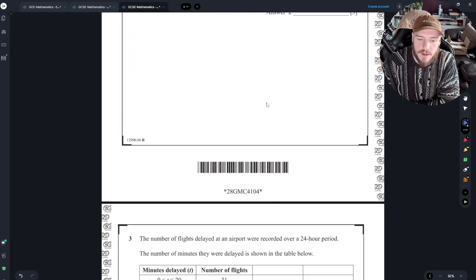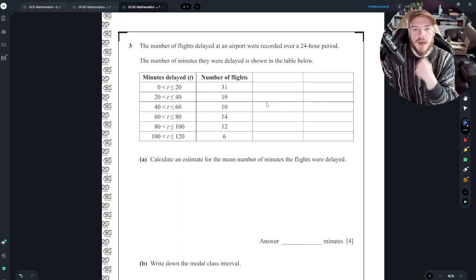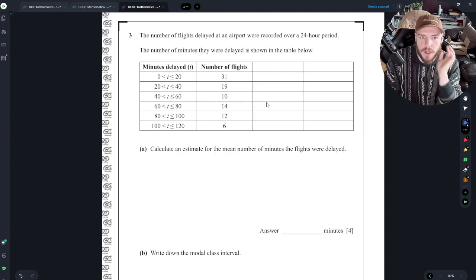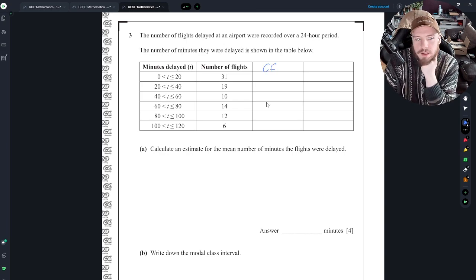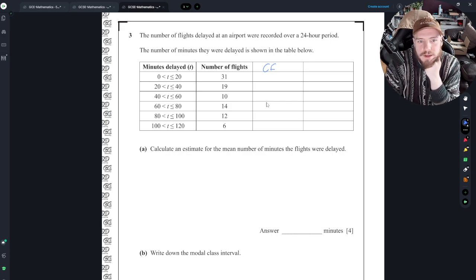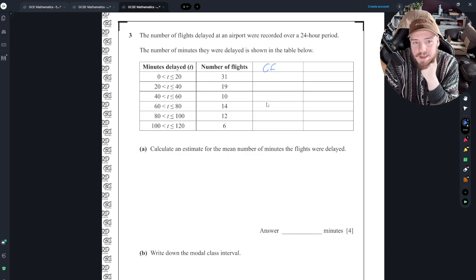All right, so here we have a frequency table. The first thing that I do when I see a frequency table is I'll fill in CF, cumulative frequency. Since our minutes delayed, T, is a range, I'm just going to write T here, and this will be my midpoint value.